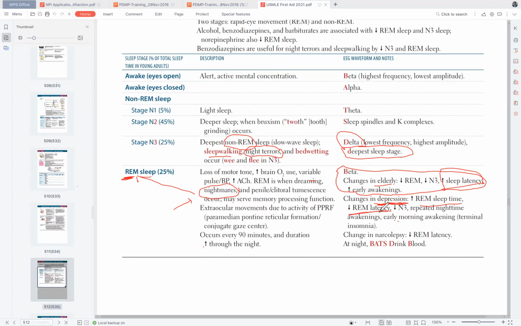All right, so they really test about it. Someone has depression, which of the following is the effect on sleep? Decrease in REM latency. D for depression, D for decrease in the REM latency.